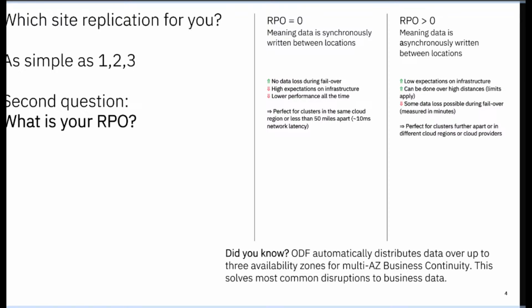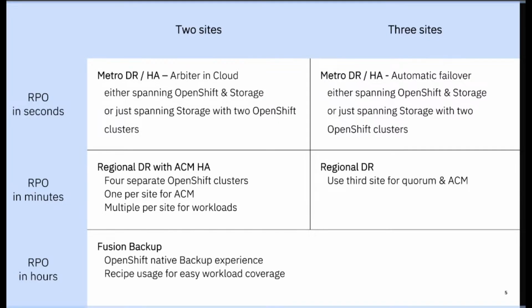It will forward that information to the storage, and then your data will automatically be in different availability zones. So that is already a really good protection for your data. But let's look into this later in more detail. So with those two questions answered, we're basically looking at a chart like this.